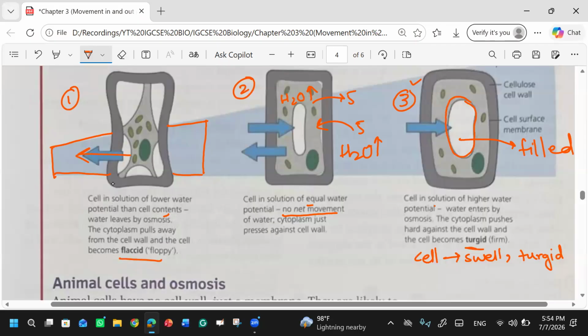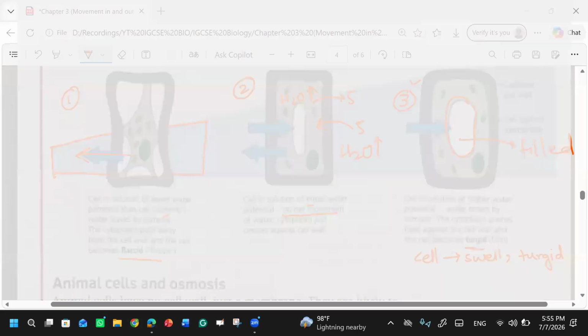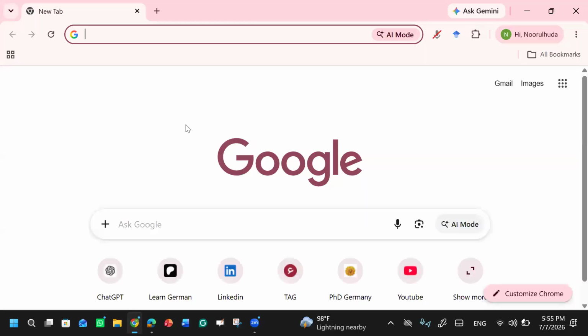This is the flaccid cell. I can show you the picture of the flaccid and the turgid cell again. Turgid plant as a whole. So you can have an idea what is happening.